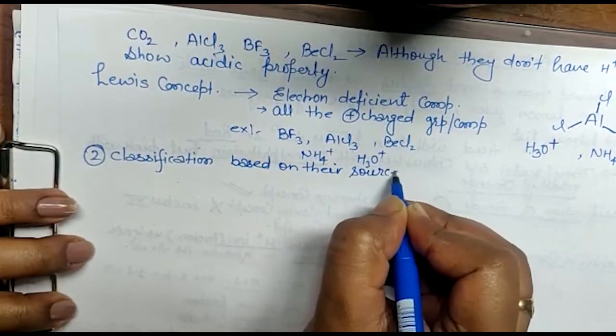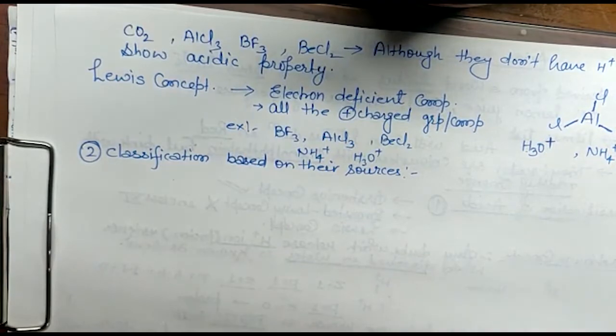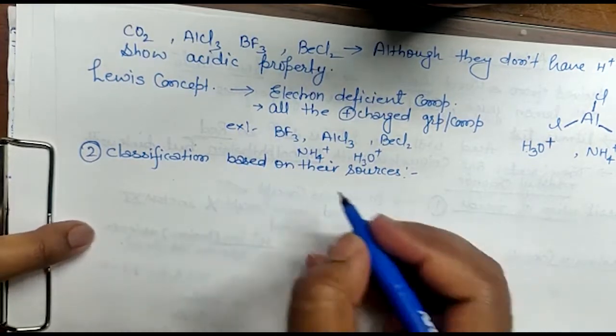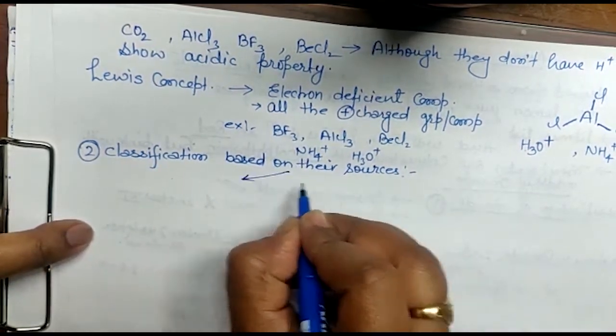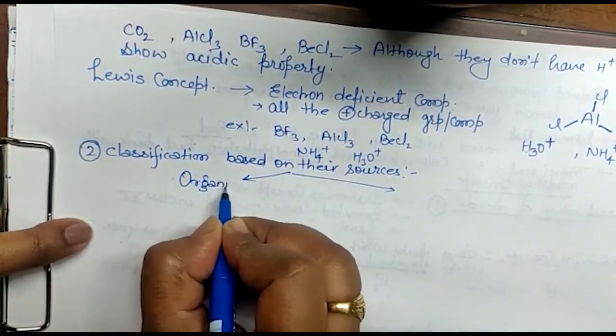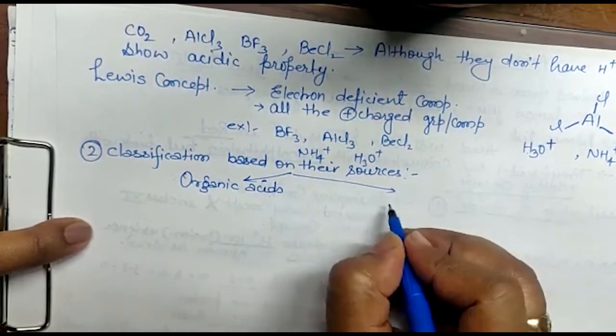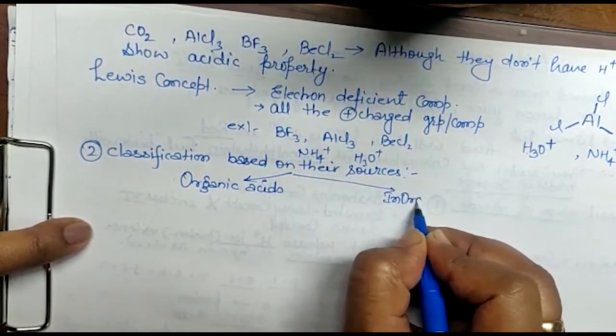Acids are of 2 types on their sources. One is organic acids and another is inorganic acids.